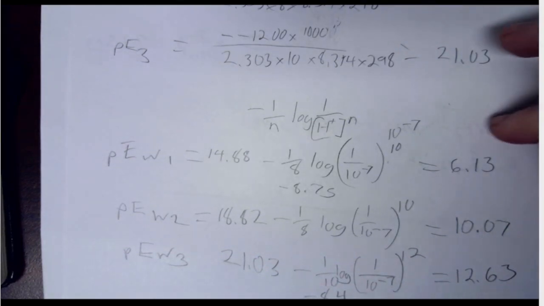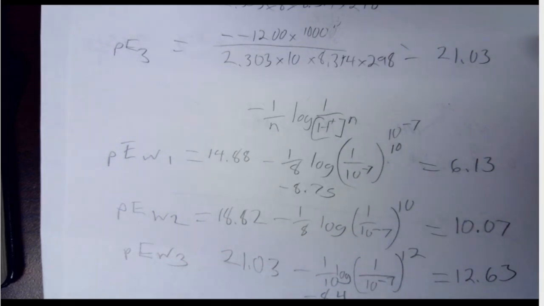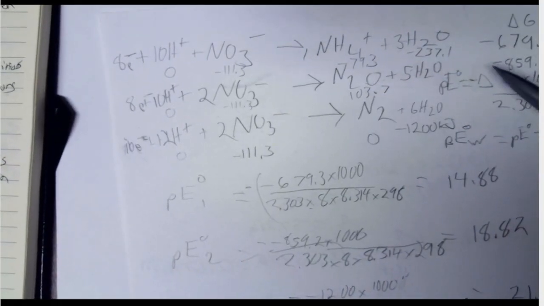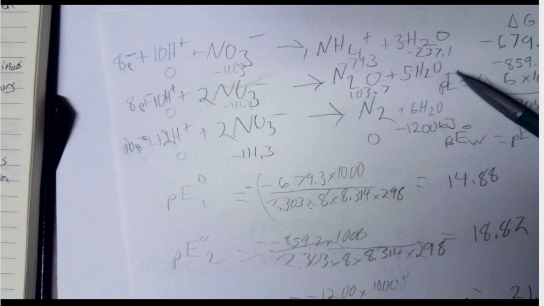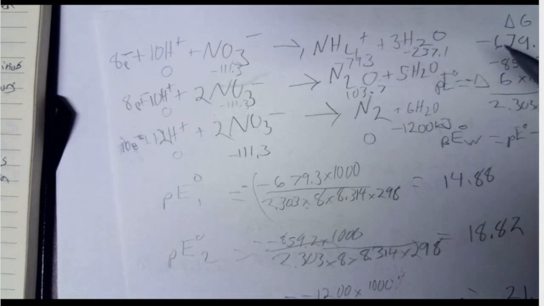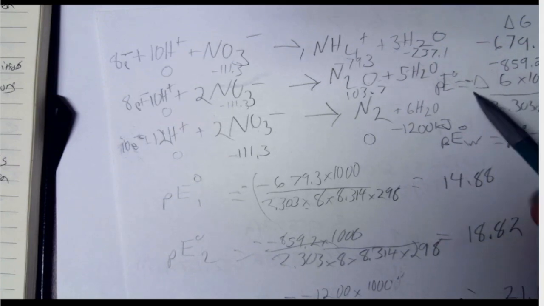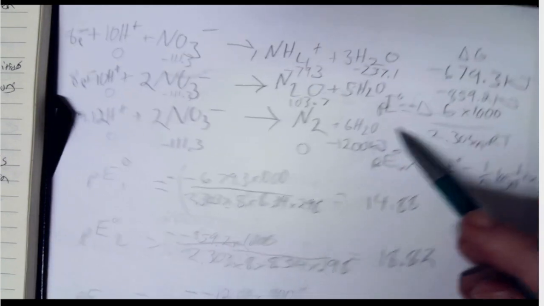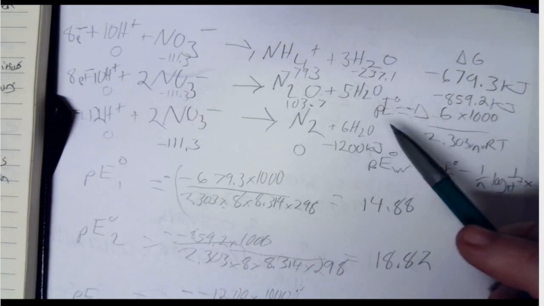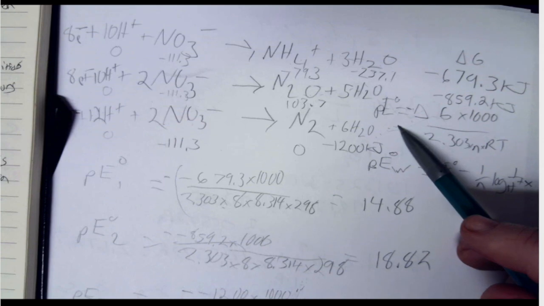So let's repeat, since this was a heavy math one. Step 1, I balanced the chemical equations with the number of electrons and number of protons and the number of waters. Step 2, I looked up my delta G values and found my delta G reaction for the following reactions. Step 3, using the delta G to PE equation, right here, I converted delta G value to the PE very easily.